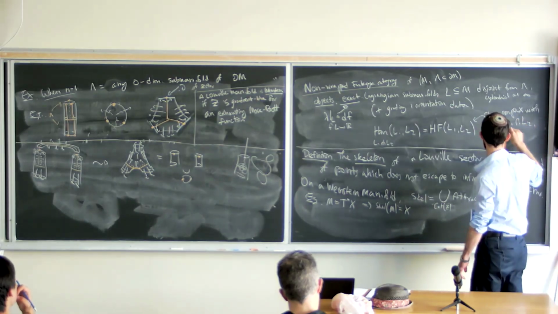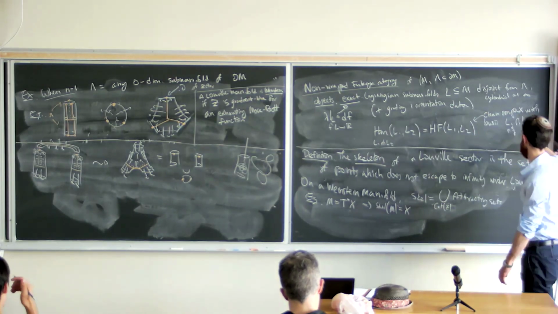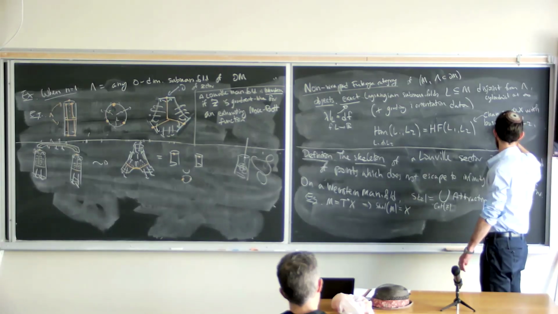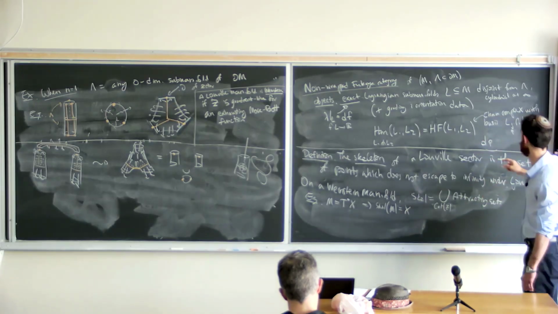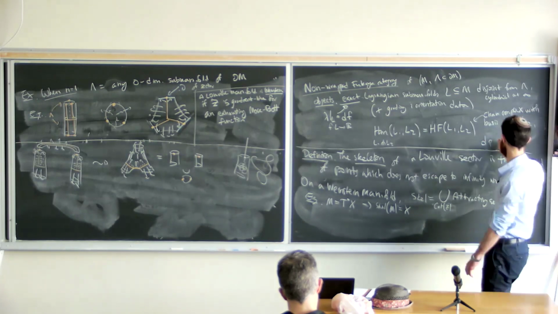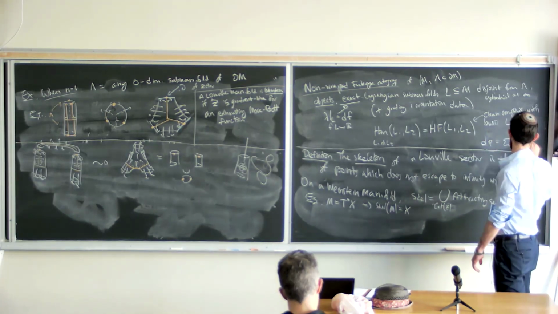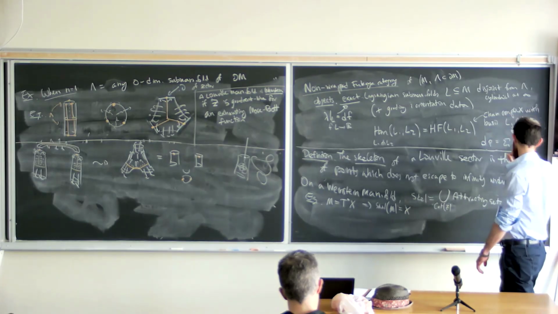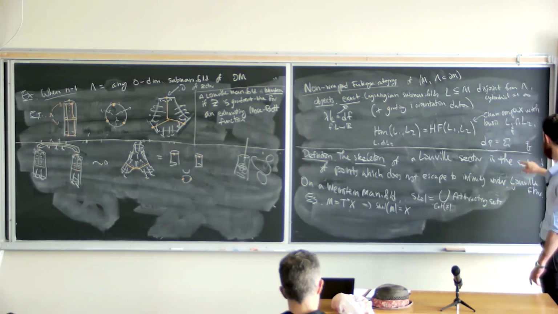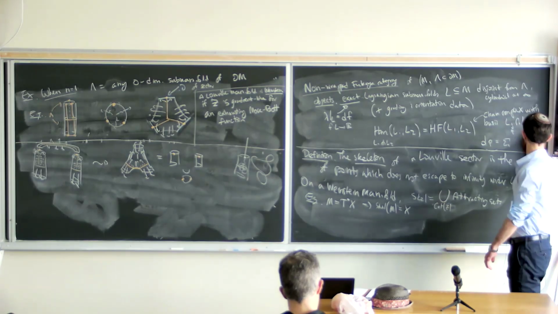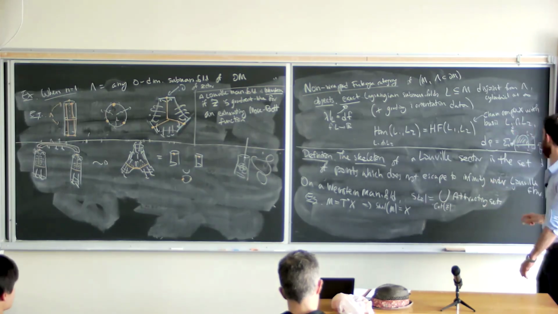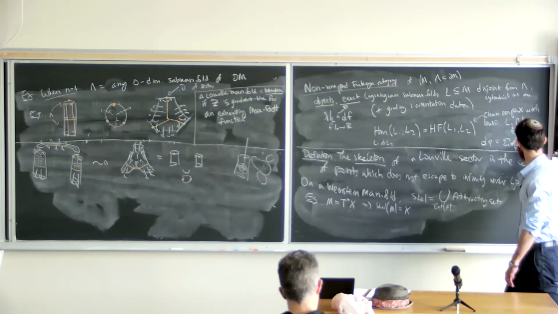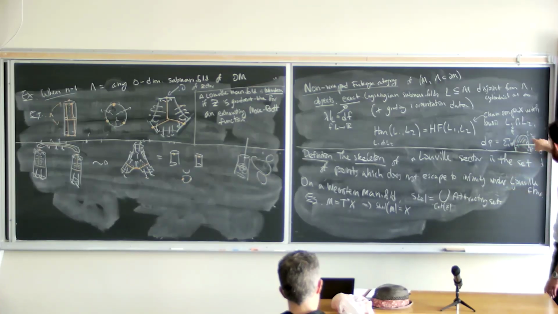So now you have an underlying graded vector space, and the chain complex is a graded vector space with a differential. If I have a point P in this set, L1 intersect L2, then I can ask what's the differential of P, with P a basis element in this chain complex. The answer is a sum over the other basis vectors Q, where the coefficient of Q is the number of holomorphic disks with boundary on the Lagrangians L1 and L2.